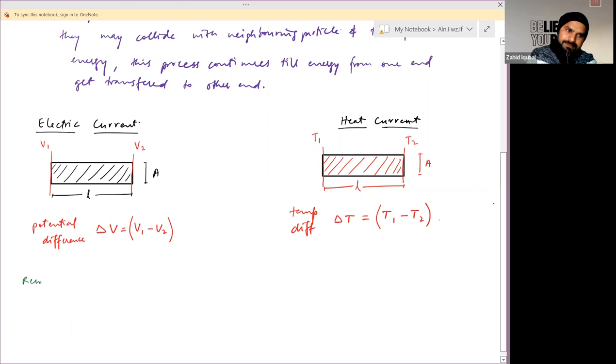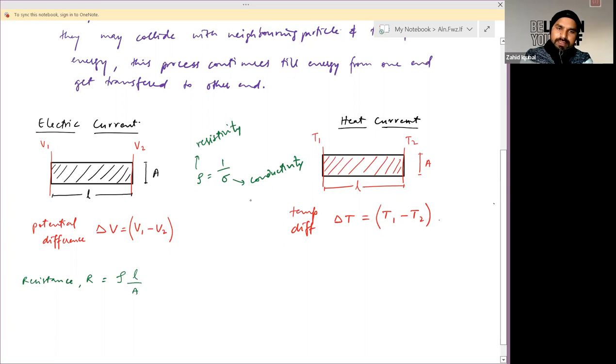So next is electrical resistance, which equals rho L by A, where rho is called resistivity, L is length of conductor, and A is area of cross section. We may write rho equals 1 by sigma, where rho is resistivity. So sigma is called conductivity.